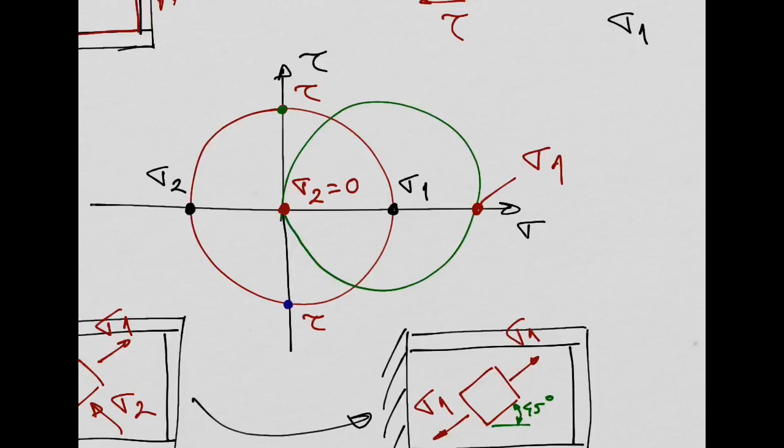Yeah? So this sigma 1, I can say, is going to be equal to 2 times the radius of this Mohr circle in green color, right? But the radius of this Mohr circle is equal to tau. Yeah?